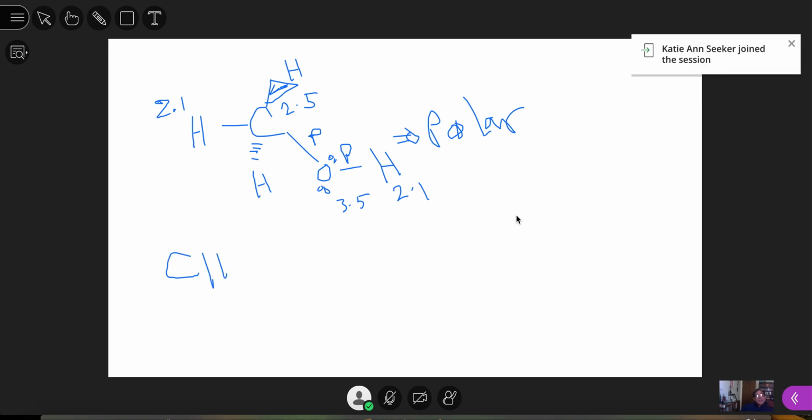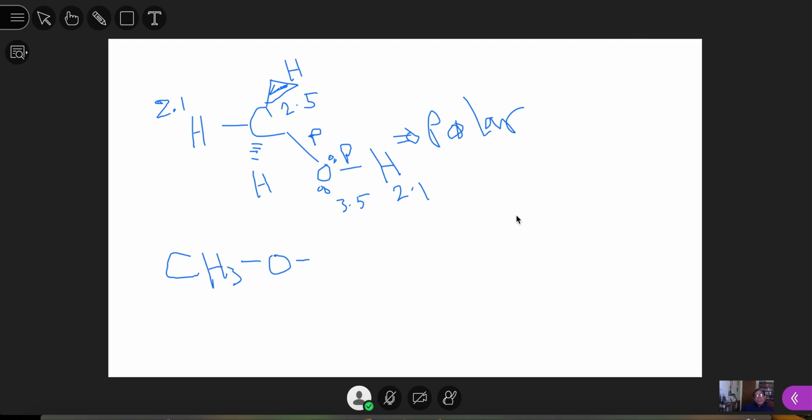How about this molecule? CH3, O, and CH3. Yes? If one of the bonds is nonpolar, then what would it make it? If you have a polar and a nonpolar bond.